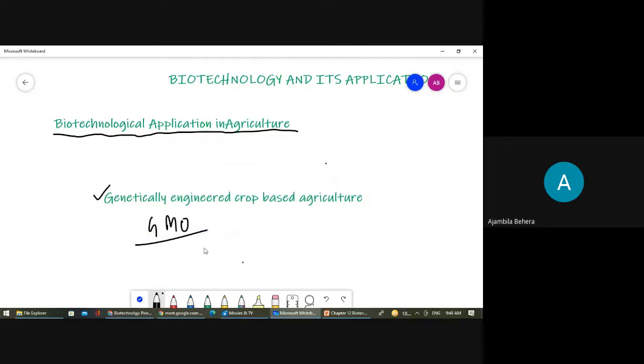So in case of this GMO, genetically modified organism, can you tell me why such organisms are generally called genetically modified organisms?